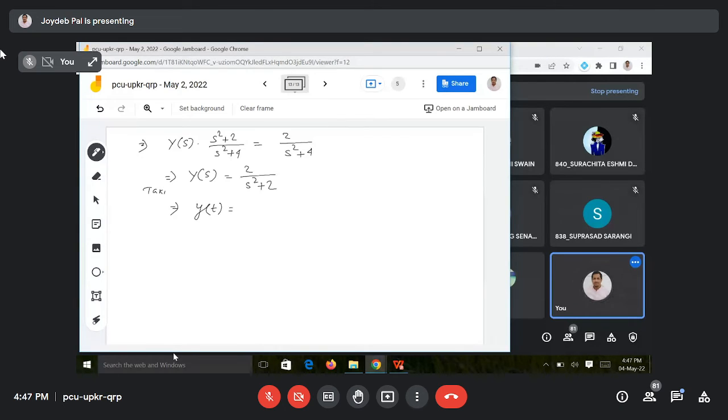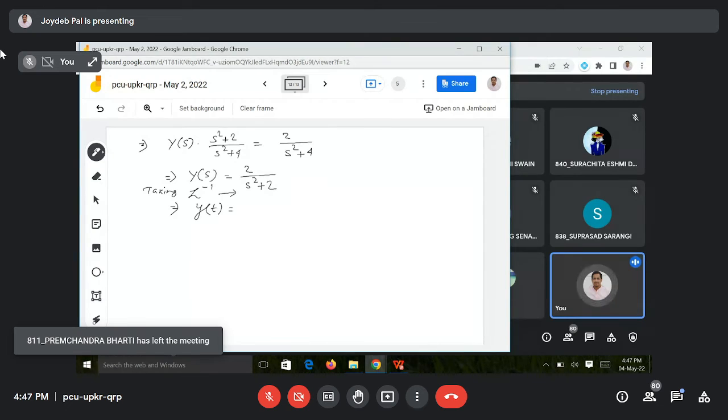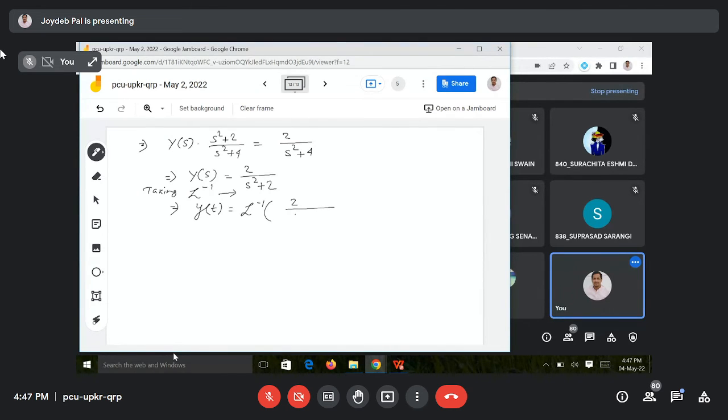Taking L inverse, y t is equal to, how to get the Laplace inverse of 2 divided by this? Tell me. So 1 by root 2, we have to write it in that form, right?